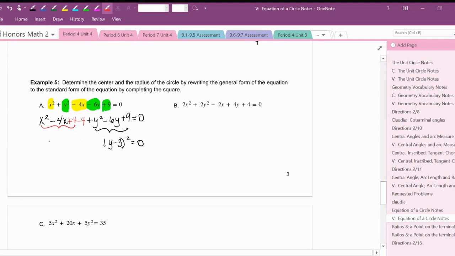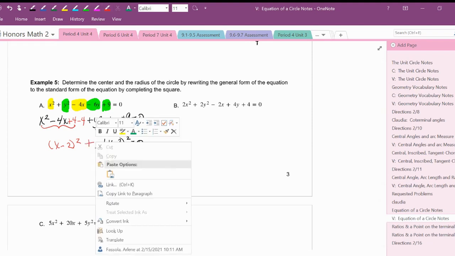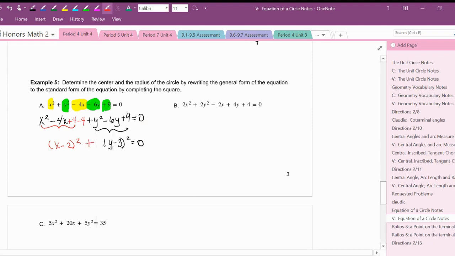And I rewrite this as x minus 2 quantity squared, plus y minus 3 quantity squared, and then we'll move that 4 over there. Now we can see our center is at 2, 3, and the radius is the square root of 4, or 2.